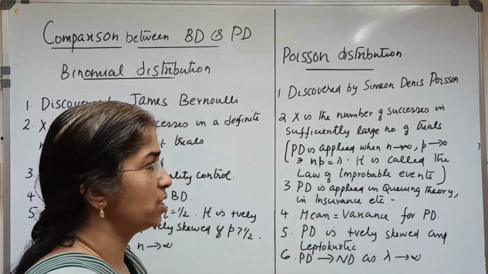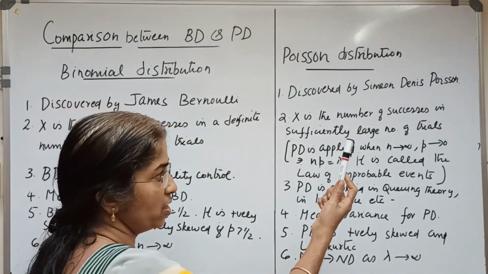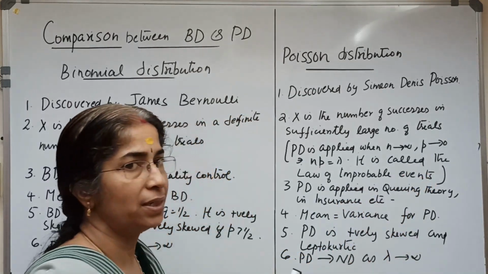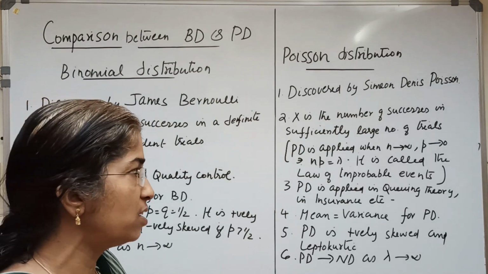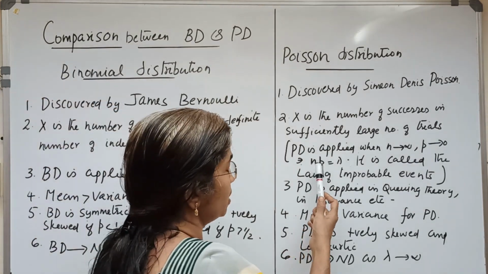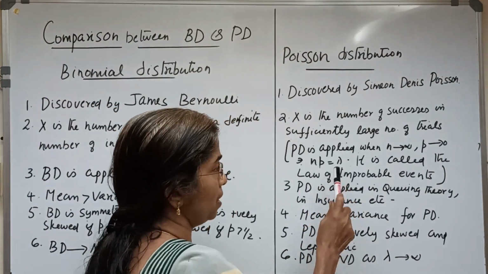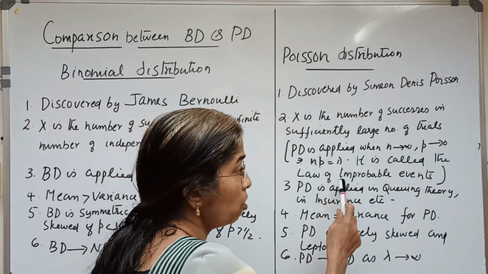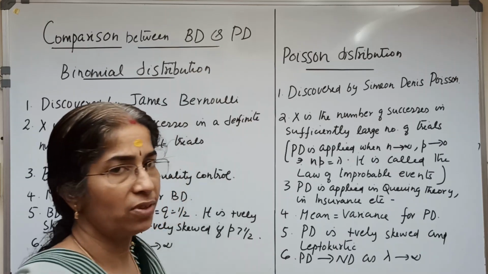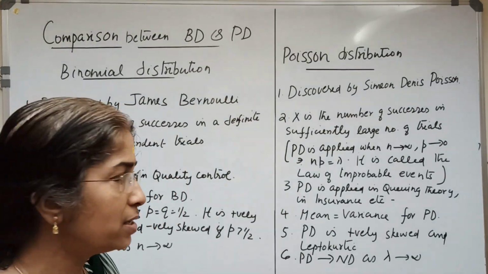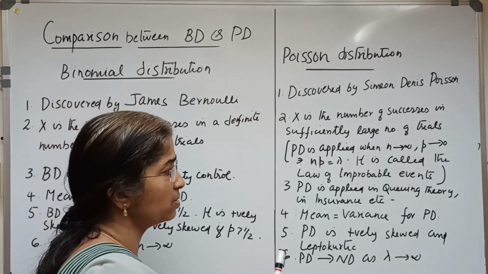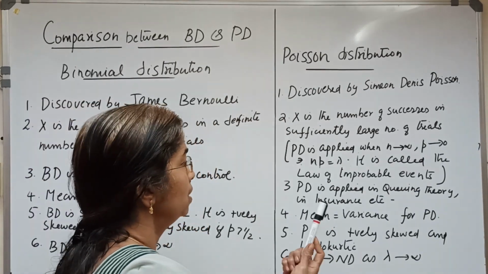Poisson distribution is applied when n tends to infinity, p tends to 0, probability of a success being very small, and hence np equal to lambda should be finite. It is called the law of improbable events as it is applied in the case of rare events, where the number of successes is so small.